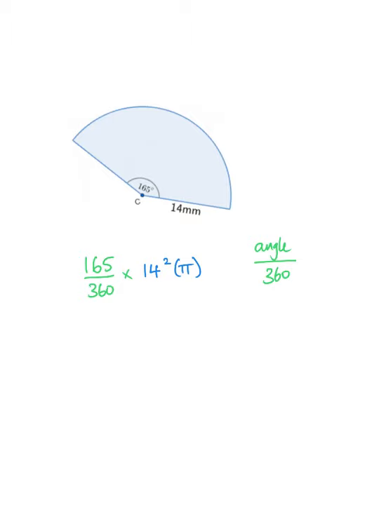I've only got 165 of those 360 degrees. So when I put that into my calculator, I get 539 over 6 times pi. If I press SD to find a decimal equivalent, I'll find it's 282 millimetres squared to 3 significant figures.